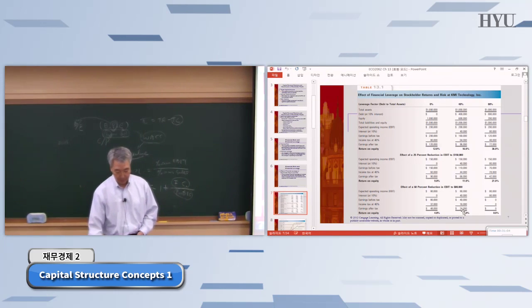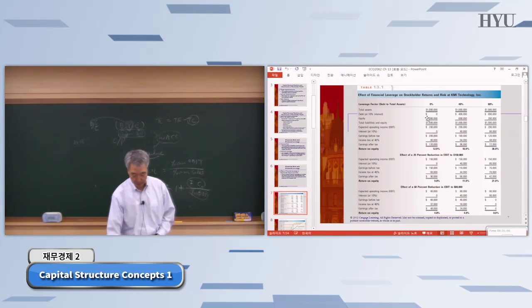In the first column, the leverage factor is 0%. In other words, there is no debt. This company is 100% equity and no debt. The second column is 40% debt. The last column is the 80% debt case.